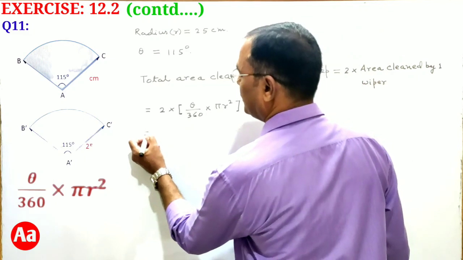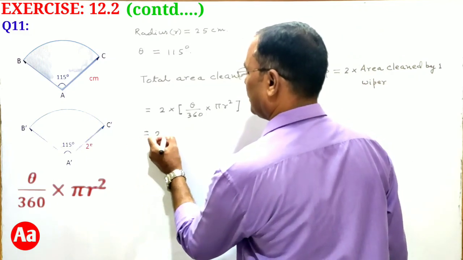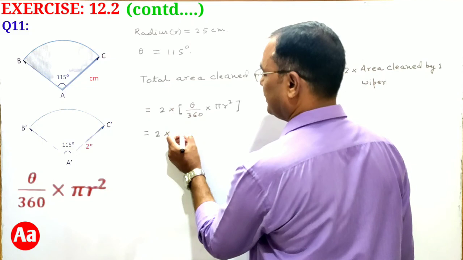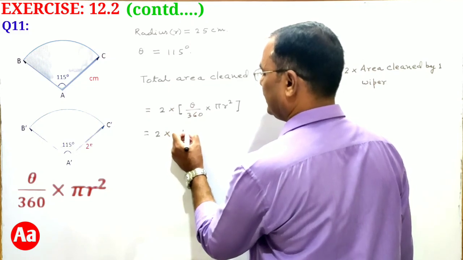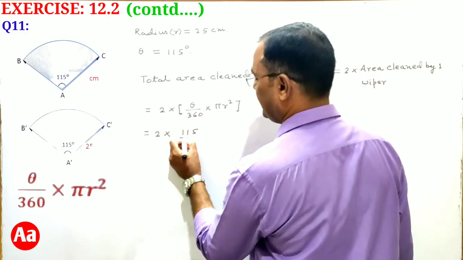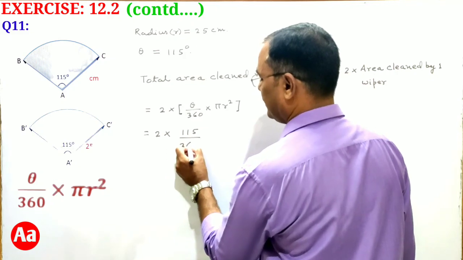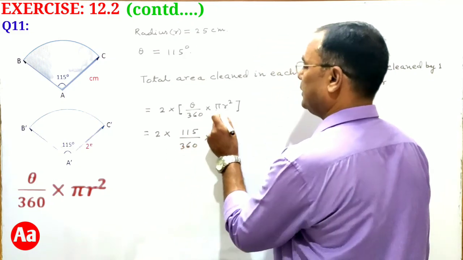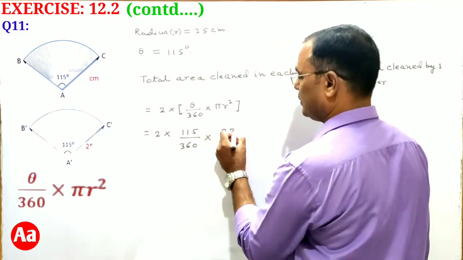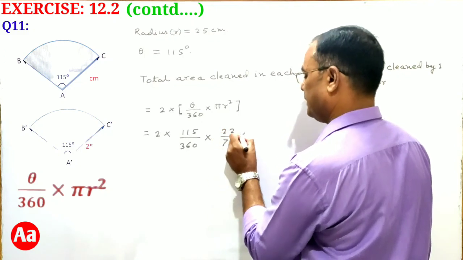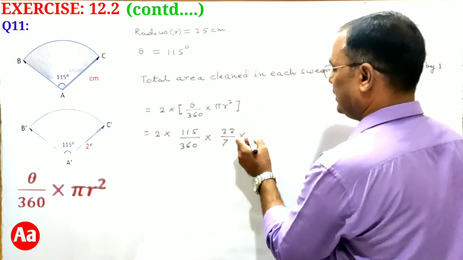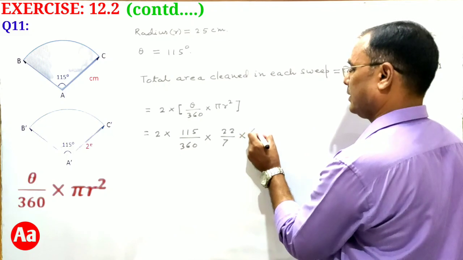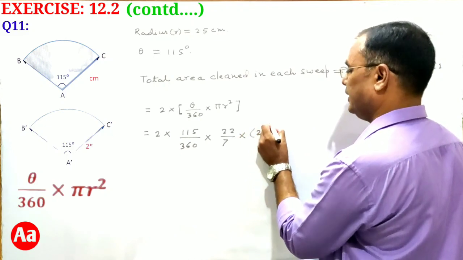So here let's put values of theta. It is given 115 by 360 into pi, 22 by 7 into radius 25 square.